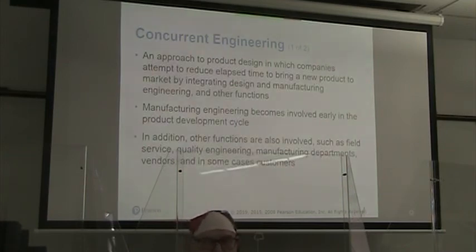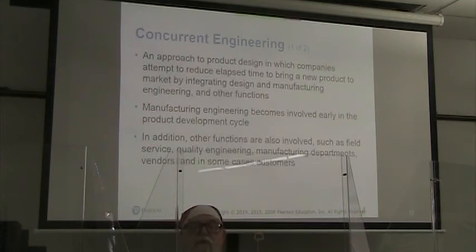Concurrent engineering is a method that we use now where we get everybody in on the product design at once so that we not only shorten the time, but we eliminate problems within the design process.